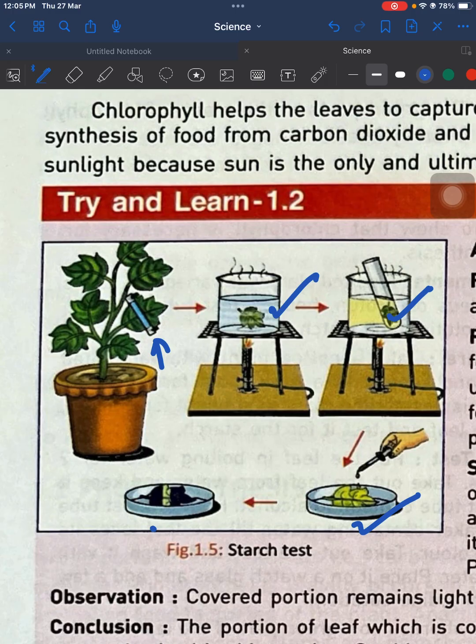After the iodine solution, you can see that under the tape, where there is no starch, the leaf remains white, while other areas turned blue black due to synthesis of starch in the presence of sunlight. There is no sunlight here, so there is no starch formation here either. So these three experiments basically gave the evidence that yes, chlorophyll is required, carbon dioxide is required, and sunlight is required for photosynthesis.